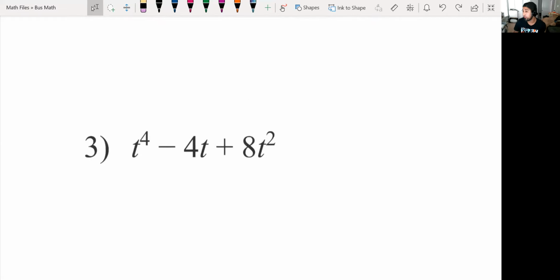3t to the fourth minus t plus 8t squared. Like I said, always look at the numbers. Now look at t to the fourth. There's no number in front of it, and if there's never a number in front of a variable, it's always understood to be 1.